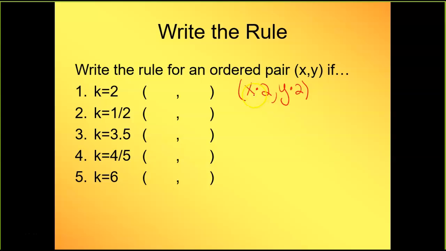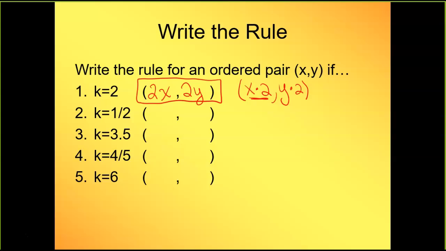Is there a proper way to write x times 2? 2x. Very good. We know that fancy proper way. And what's the proper way to write y times 2? 2y. There is our rule. Right there. We just wrote the rule for that dilation. Okay?